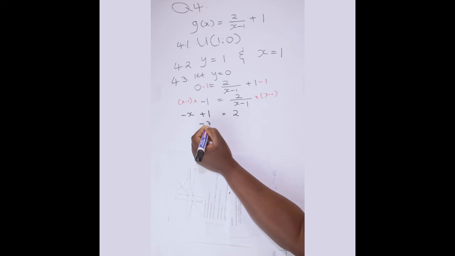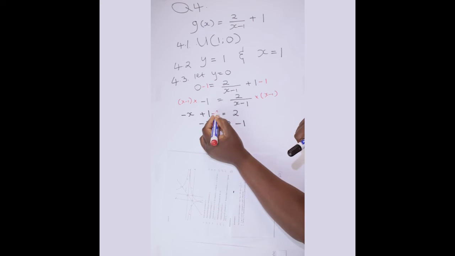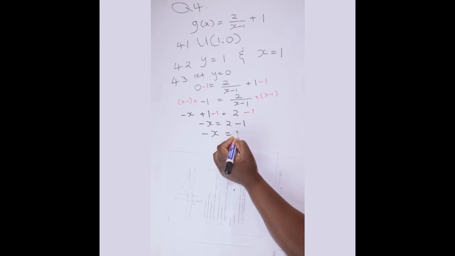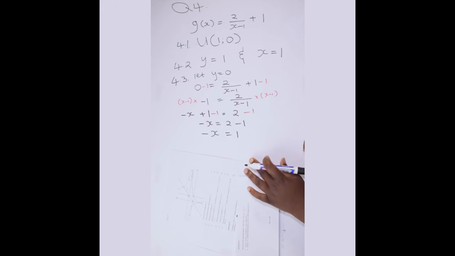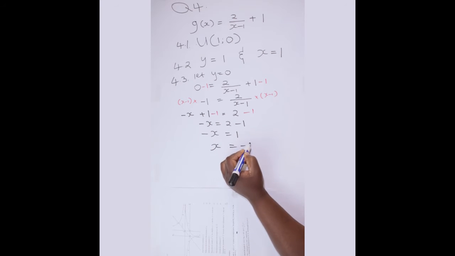Now your negative x will equal 2 minus 1, because you subtract 1 from both sides of your equation. After that, you will have negative x equals 1. Then you divide both sides by negative 1, and you remain with x equals negative 1.